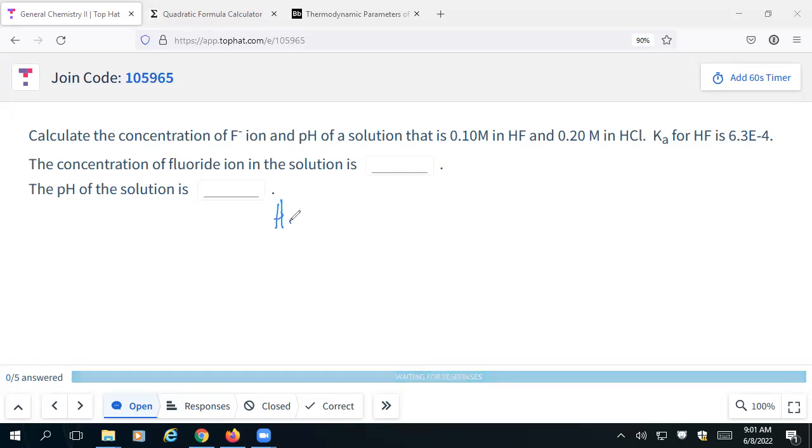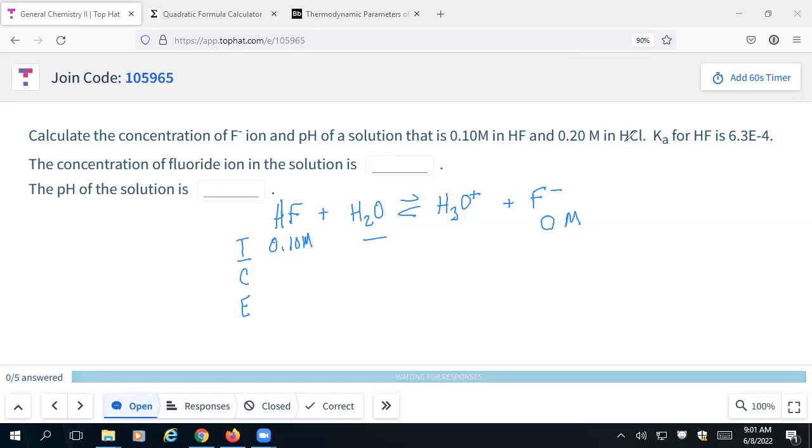If we draw out our equilibrium system, notice we haven't been told anything about fluoride. If we had been told something about fluoride, yes, the Henderson-Hasselbalch equation would apply here.